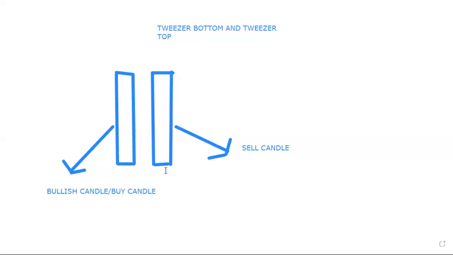Put it that way. Could be the beginning of a pullback move in an uptrend, or it could lead to a reversal. Full stop.